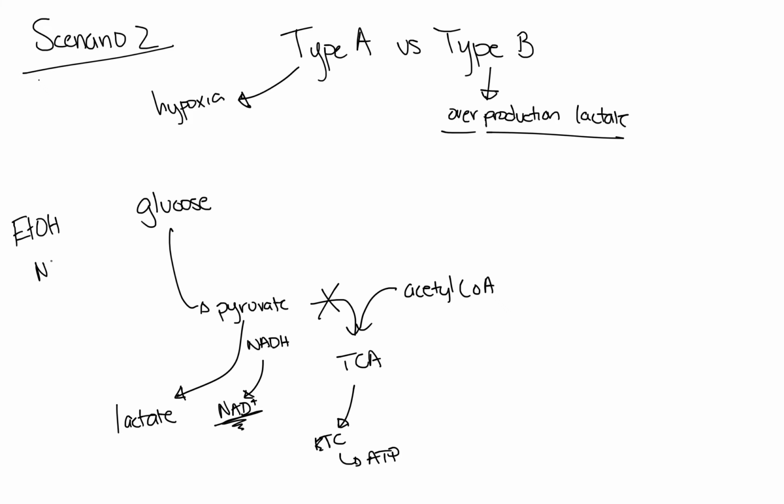What does that look like? So you have NAD plus over NADH. This ratio is going to decrease because you consumed your NAD+. Why is that a problem? Well, NAD+ is critical for our TCA cycle to function.